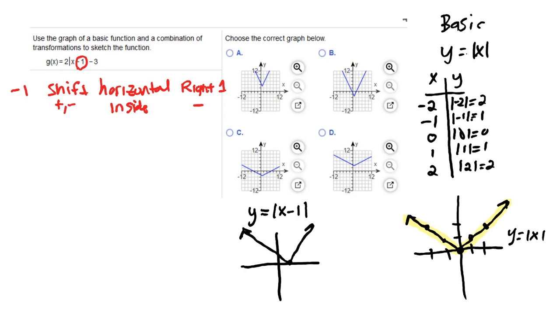Okay, so then let's look at that next one, which is 2. That 2 is not adding or subtracting, that 2 is multiplied. So instead of being a shift, what we have is something called a stretch or compression.